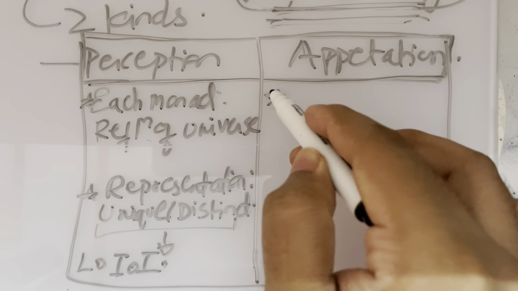By appetition, Leibniz means that monads are self-mobile, or there is self-mobility in monads. From one type to another, there is self-mobility. We have seen the 5 types of monads, their hierarchy, their continuity, and what defines the hierarchy in them: the consciousness present in each type, and how it dictates the hierarchy of the types of monads.